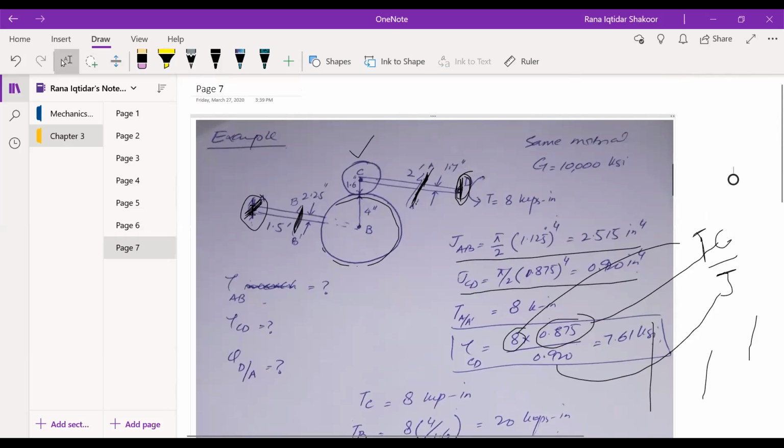Always start from this fixed point and then keep on going up to the particular point at which you want to calculate, and you have to see what should be added and what shouldn't be added, because the net angular deformation, the angular twist, will be the sum of all angular twists. But in particular cases of the gears, it is a little bit tricky to solve this problem. But definitely you need practice, and then you will go ahead accordingly.